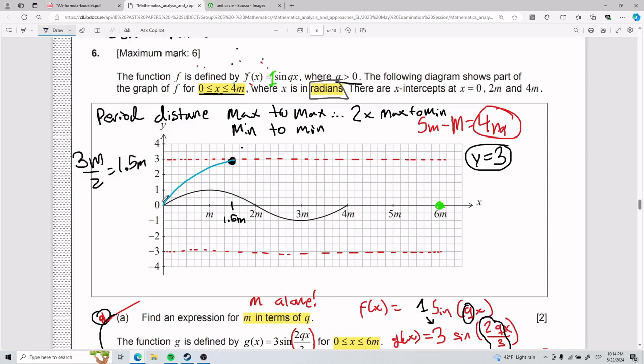From 0, in the original one, the black line, from 0 to m, you first reach the maximum, and then you would add another m. So from the distance from 0 to your max, you add this distance again in order to reach the x-axis. If you take this 1.5m and you add that distance again, you end up at 3m.